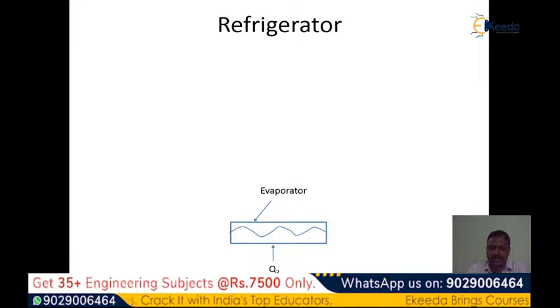So the temperature of the surroundings becomes reduced. So that is the desired effect in case of a refrigerator, where we have to maintain the temperature of that space less than the surroundings.